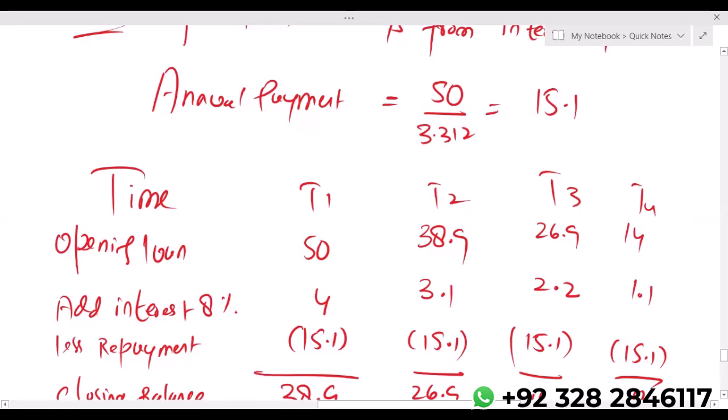I hope each and everything is clear to everyone. Students, in the last minute of the class, before I end it, is everything clear to everyone? One more thing: a student shared the names of a number of questions on investment appraisal. Out of those 4 to 5 questions, I've already prepared videos on almost every question.